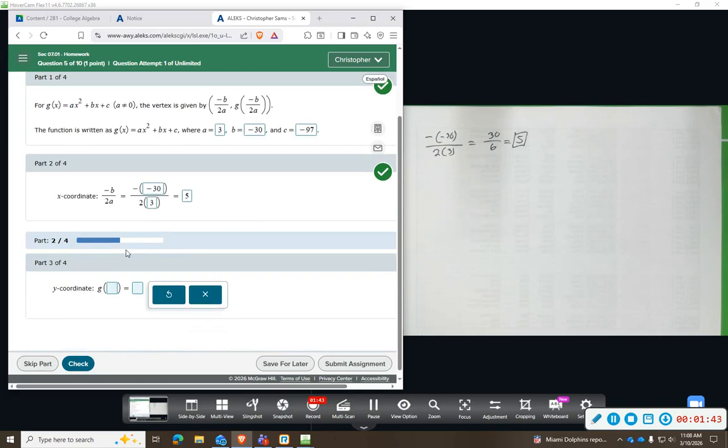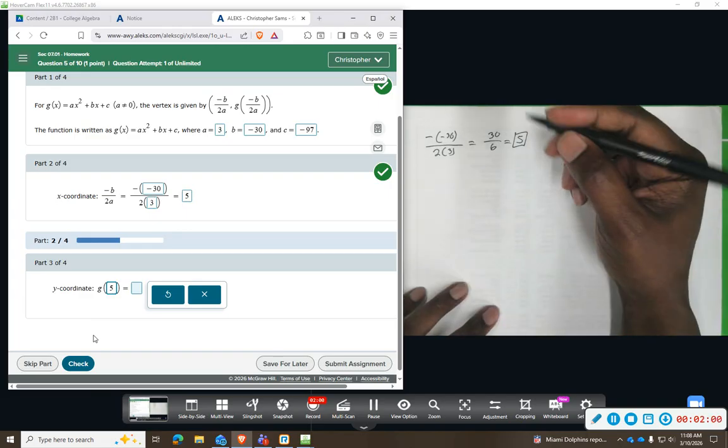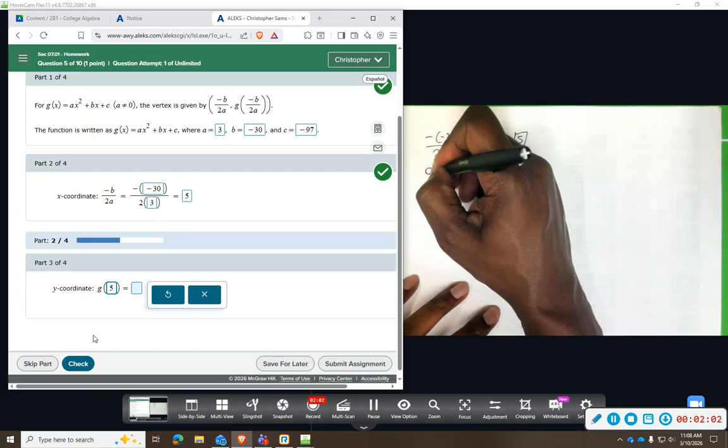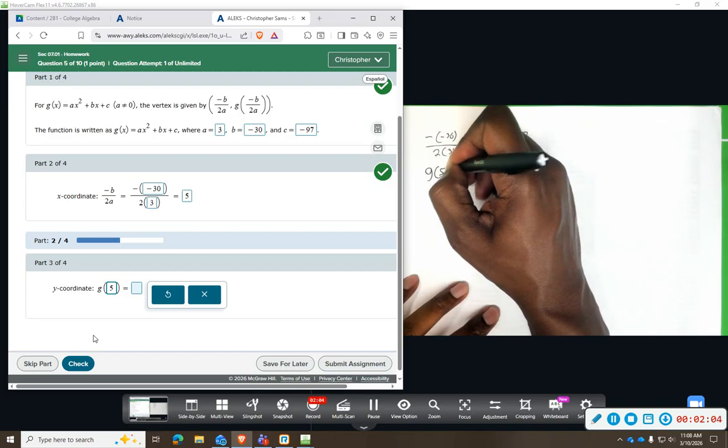Okay, now once we find the x coordinate, we want to plug that in. That's what this notation is. Plug in that value. Plug in 5. When I do plug in, I like to do synthetic division. So here's what they want you to do. G of 5.